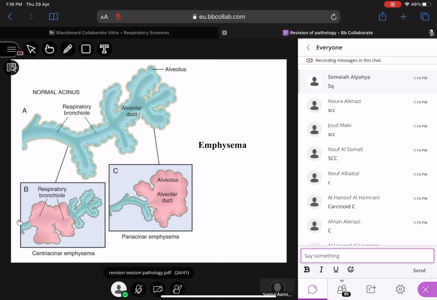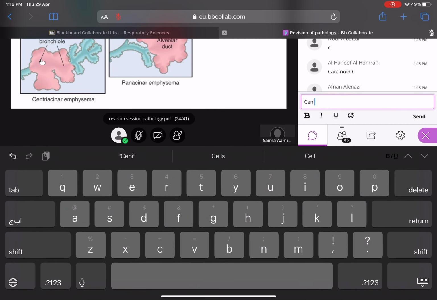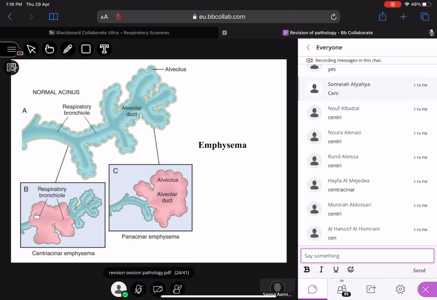So, which type of emphysema do you think this patient has? Centriacinar, yes, because it is affecting the proximal or central part of the acinus, involving the respiratory bronchiole and the alveolar ducts. And what about this one?